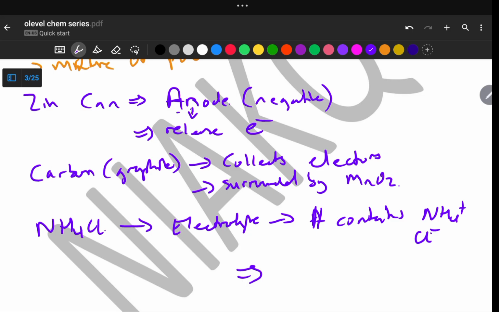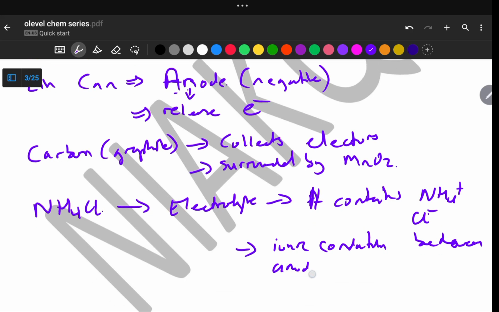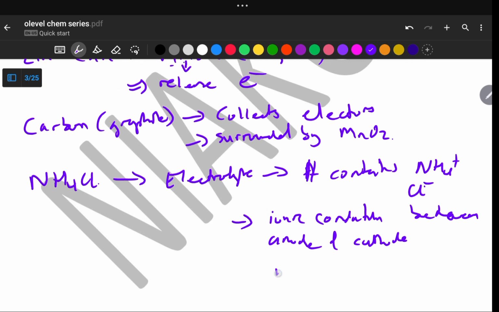These ions are able to move. This will allow what we call ionic conduction between the cathode and the anode, thereby also completing the internal circuit. Are we together? So this is what you need to know for ammonium chloride paste, the electrolyte.